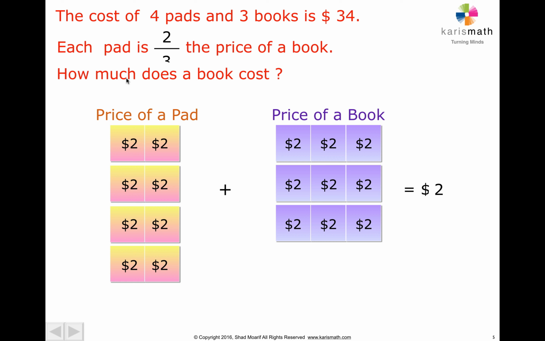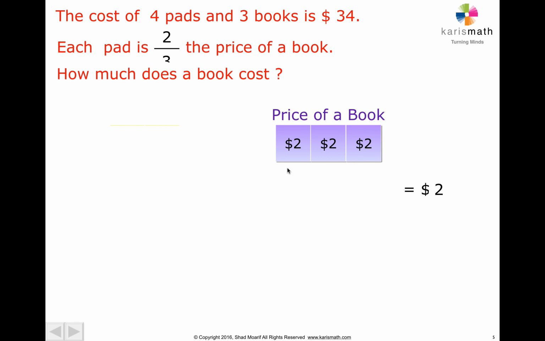Not all the books, just one book. So all you need to do is get rid of all this noise and focus on just one book. That's one book. And of course, that adds up to $6. And that's the price of one book. Isn't that kind of neat? It feels like magic. Wow. Just draw it and the whole thing works out.